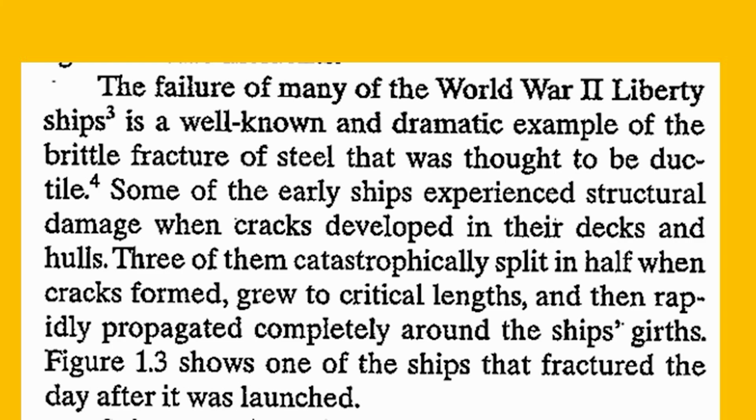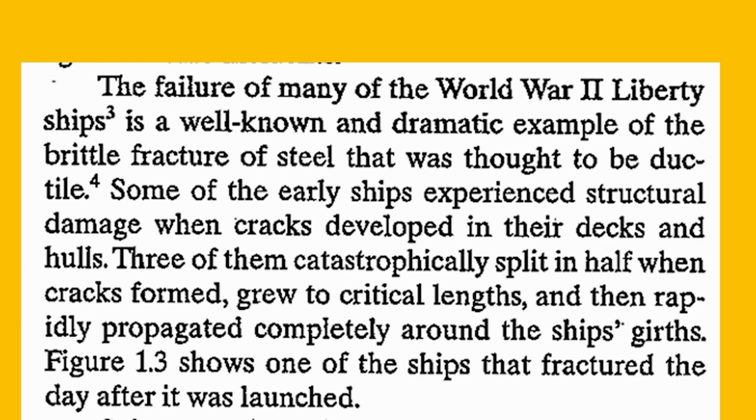The failure of many of the World War II Liberty ships is a well-known and dramatic example of the brittle fracture of steel that was thought to be ductile. So normally, until this Liberty ship failure, people understood that metal has a ductile property.